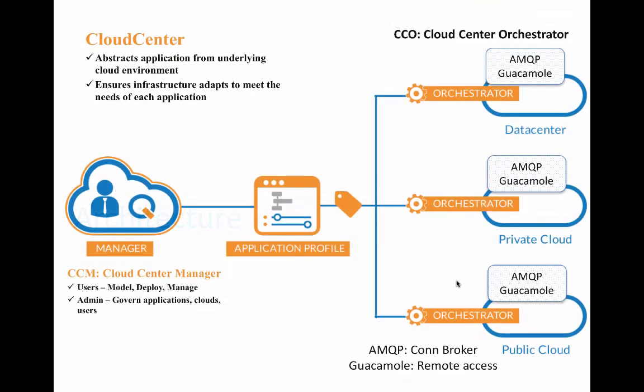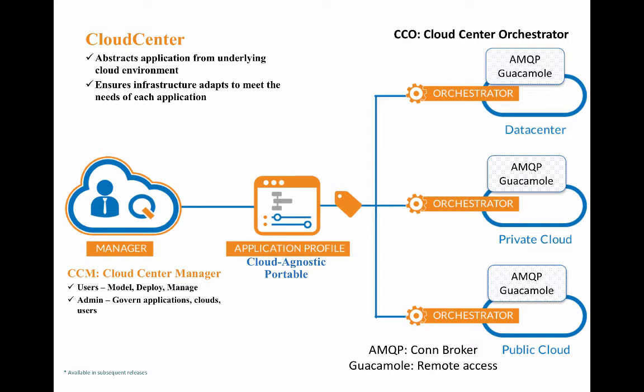So next, let's go over the architecture overview. As we said, it abstracts the application from the underlying cloud environment. So it doesn't matter which cloud you provision, you can just configure one application profile and deploy it.